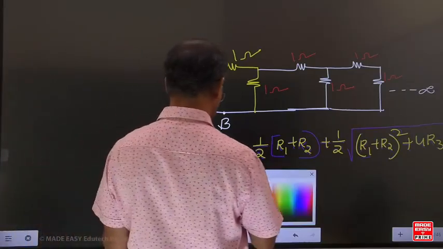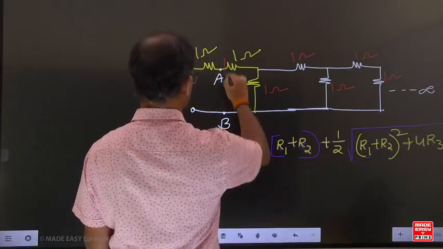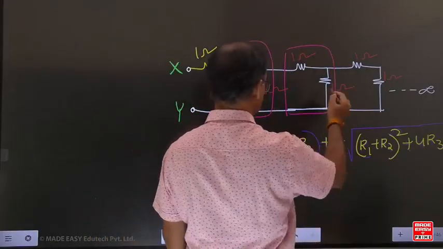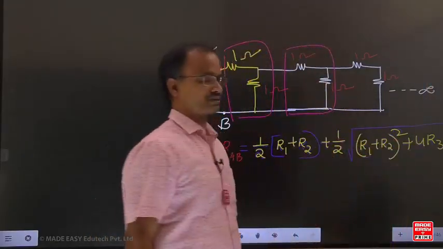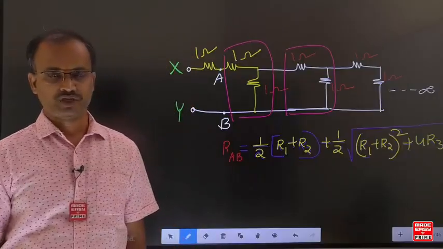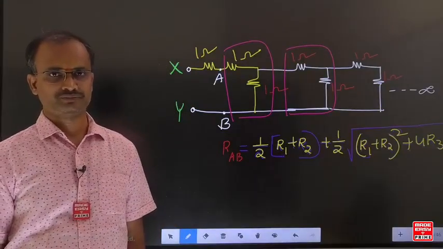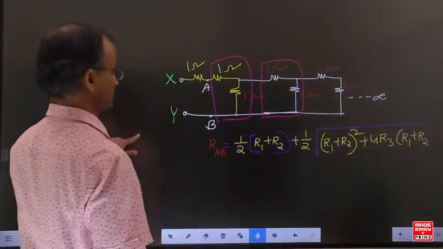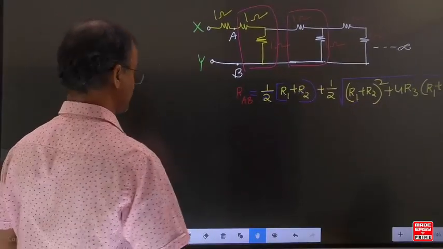Now for this example, देखिए जी, it is a first section, it is a second section. Likewise, infinite number of sections are present. That means first try to conclude the answer. Equivalent resistance with respect to A and the B.